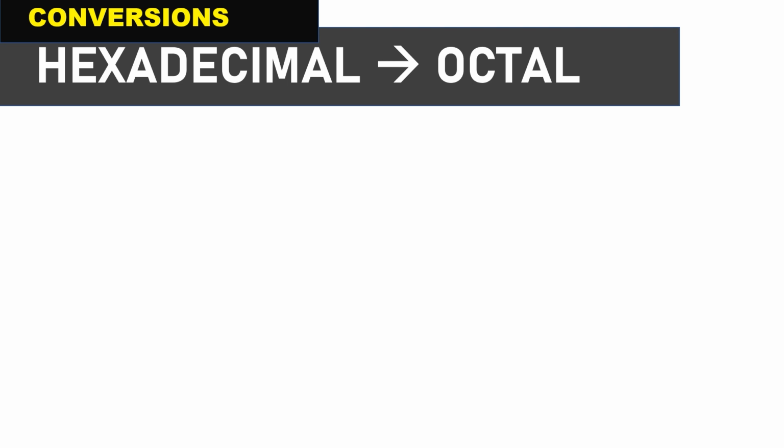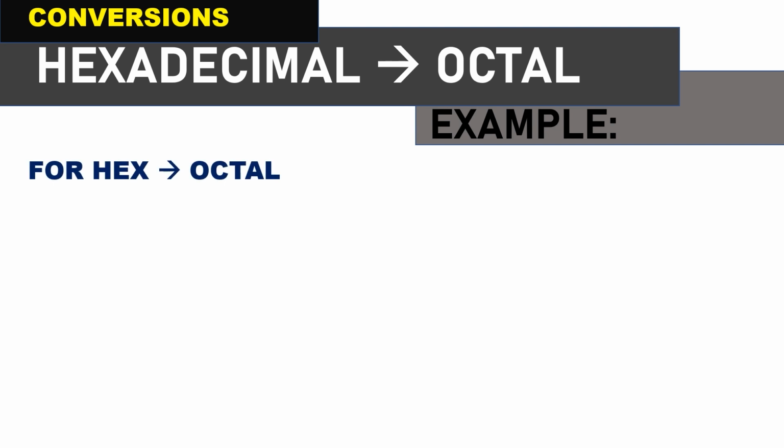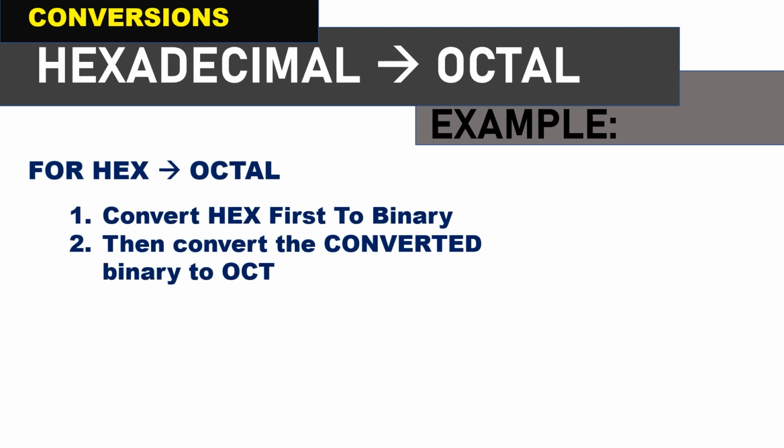And for hexadecimal to octal number system, we don't have an exact conversion for this one. It will always be converted to binary. So this is the step: first convert hex to binary, then convert the binary to octal. So that's how we convert hexadecimal to octal.